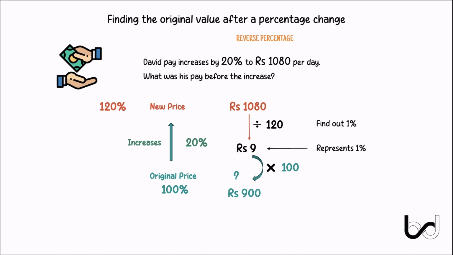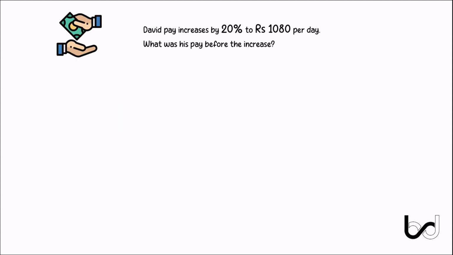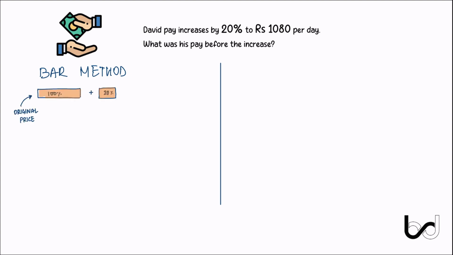Clear? Okay. Now the same example, but with two different approaches. One is the bar method, which is known as the Singapore bar method. There is some 100% original price which we are not aware of. To that original price we added 20%. So right now what you have is 120%, which is equivalent to 1080 rupees.